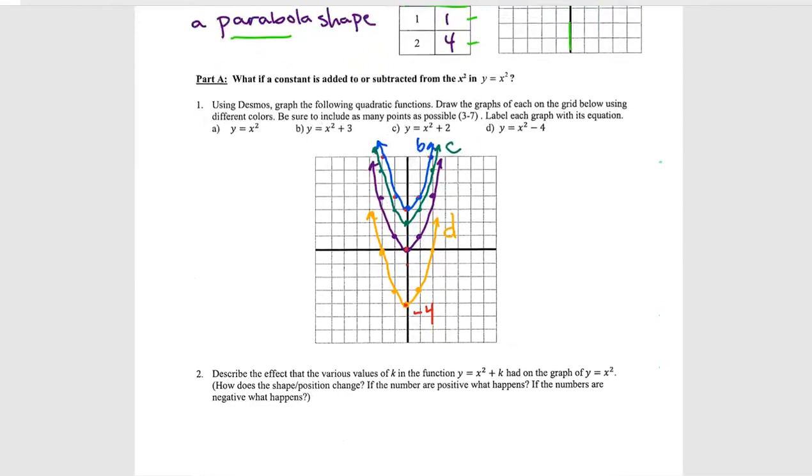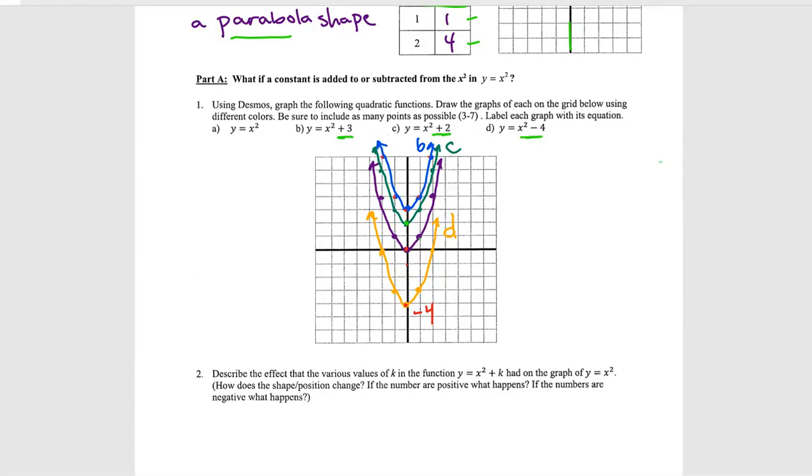The first part of this is investigating when we add or subtract a number after we square our x, or square each of our values. You'll notice that in Desmos, when you did this, the parabolas seem to be shifting up and down. You'll also notice, if you actually draw the points of each, that the pattern in the original x squared actually stays the same with all of these.